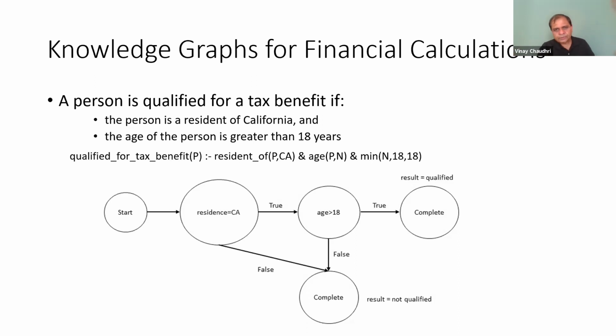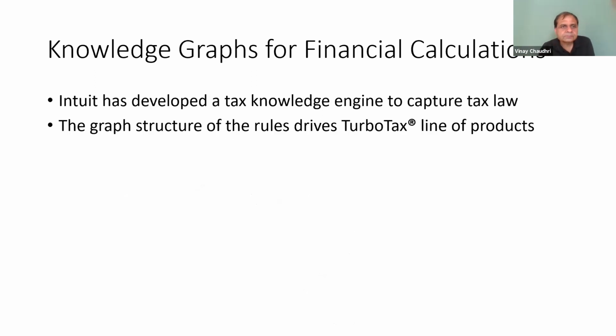But they present it as a knowledge graph approach for doing tax calculations. Okay, and as I previously noted, they're using this technology as part of their products, which is at the core and heart of the TurboTax line of products.